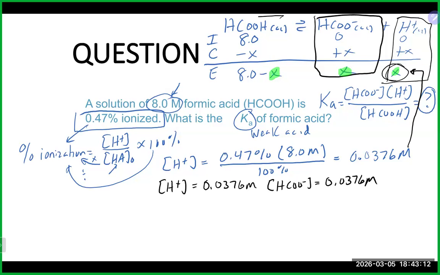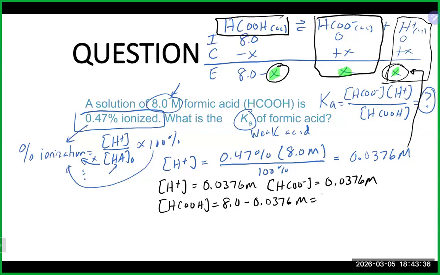And now we can get our formic acid at equilibrium by solving for it. Our formic acid in this case would be 8 minus 0.0376, and again, that's basically 8 minus x is where we get that from. That gets us 7.9624 molar.